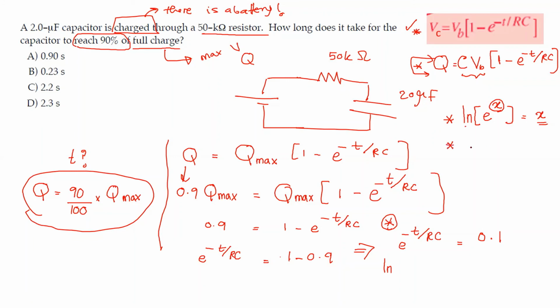So if we have e to the power negative t over RC in the exponent, what will we get? We will get whatever is here, right? So we will get negative t over RC as the answer. But this is an equation. Whatever we do to one side should be done to the other side. So we have to take the natural log of both sides.